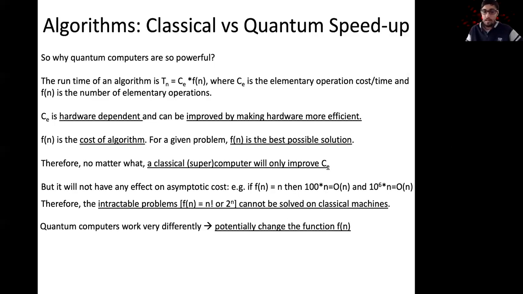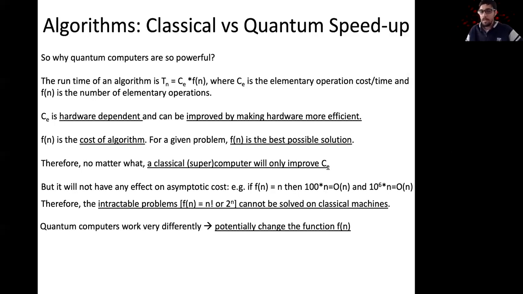On the other hand, quantum computers have very different properties like superposition and entanglement. So you can design very different quantum algorithms where you can actually come up with a better F(n) function. You're not just changing the CE part, you're actually changing F(n). For example, instead of n factorial, you might come up with a new function which is probably n power 1 or n power 3, something like that.